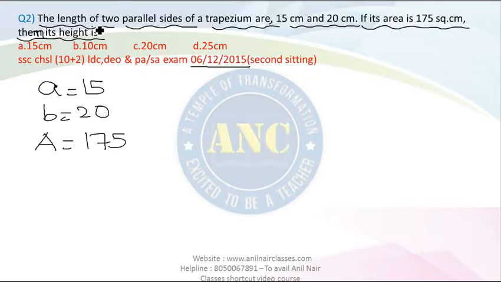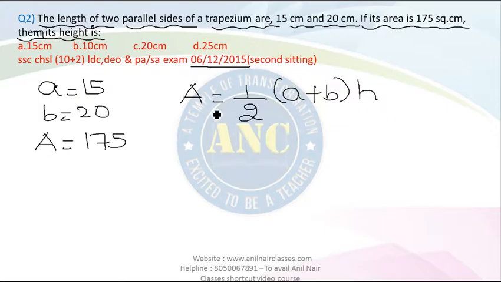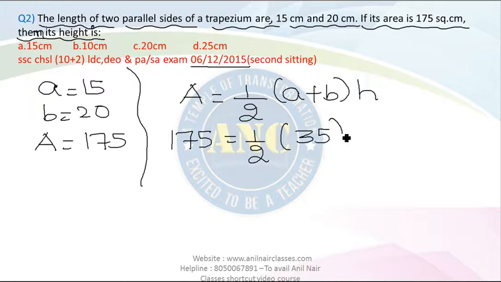This is nothing but the reverse of the previous question. In the previous question, height was given, area was asked. In this question, area is given, height is asked. Half into A plus B into H, where this is nothing but capital A, area. Area is given as 175. This is nothing but half into A plus B, which is 15 plus 20, which is 35, into H. Let us make it a little simpler.